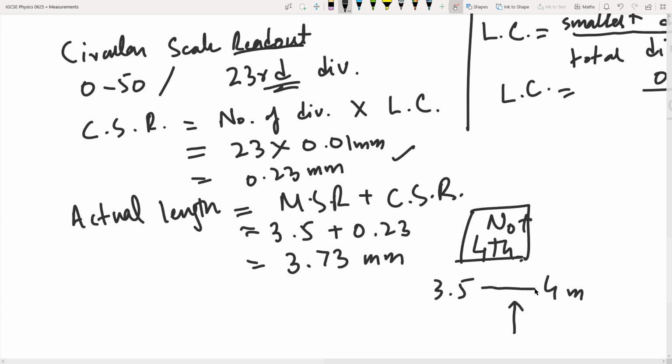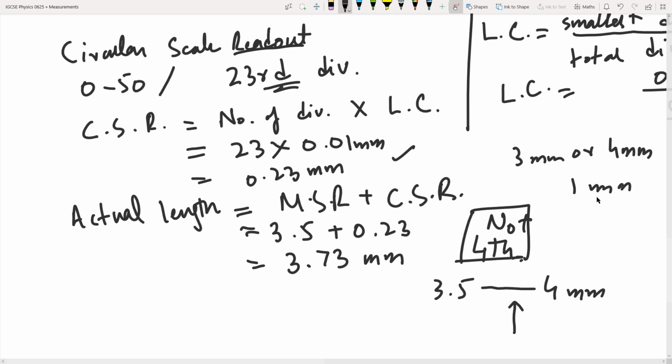So understand that a micrometer can help you differentiate between such small measurements, right? It can help you take this small difference. If you had measured this object using a ruler, you would have taken either 3 millimeters or 4 millimeters. And why? Because the least count for a ruler is 1 millimeter.